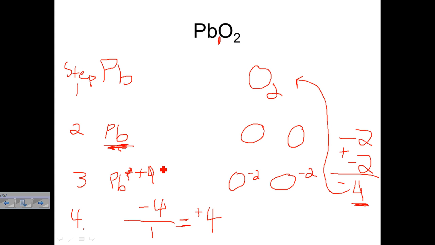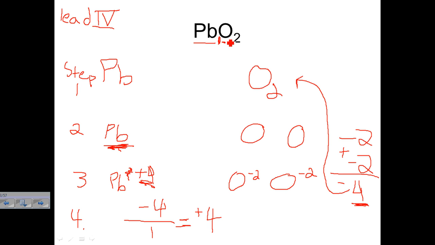Now you might think we're done, but we technically didn't even answer the question yet. I want to know the proper Roman numeral name of PbO2. Well, let's figure that out. Pb stands for lead. My charge is a +4, so I'm going to have a Roman numeral 4, IV.